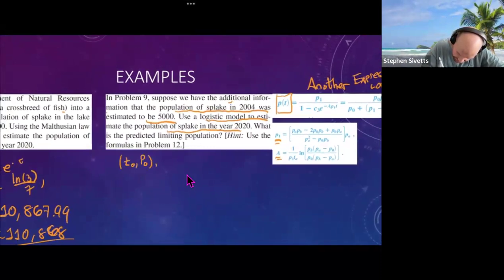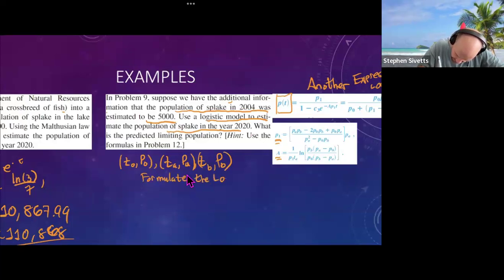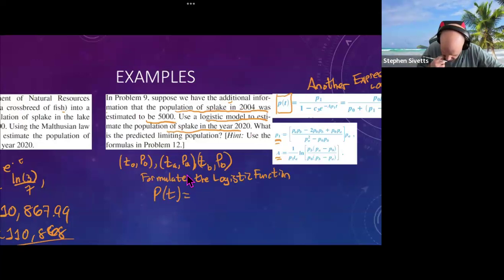How that comes about is, if you're given 3 points, P0, PA, and PB with times T0, TA, TB, you want to formulate the logistic function. So you're going to use those 3 points to determine a logistic function that passes through those 3 points, right?